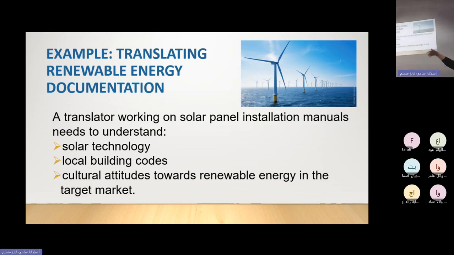Okay? Local basic codes, cultural heritage, the word renewable energy. For example, in Palestine, we are starting to go into renewable energy. Okay?